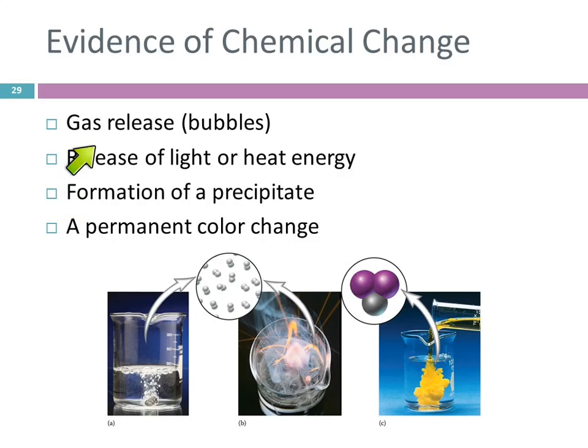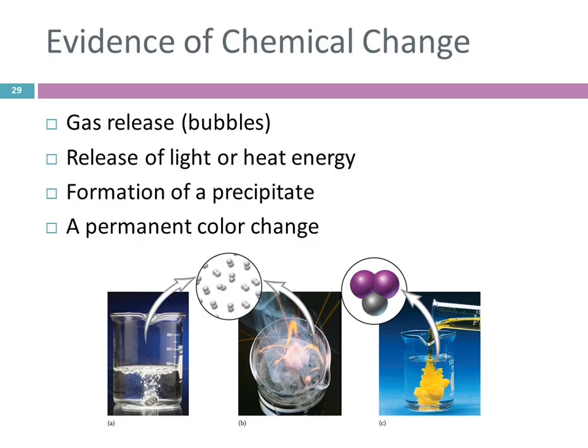If we see a release of light or heat energy, here I think this could be sodium possibly, or maybe lithium in water, and it generates hydrogen gas, and it also generates so much energy that the hydrogen gas ignites above the solution. And so we see fire, basically. So anything that's on fire is definitely a chemical change.